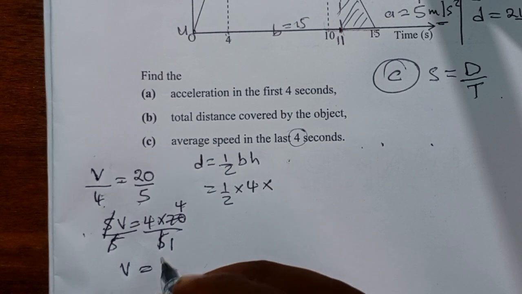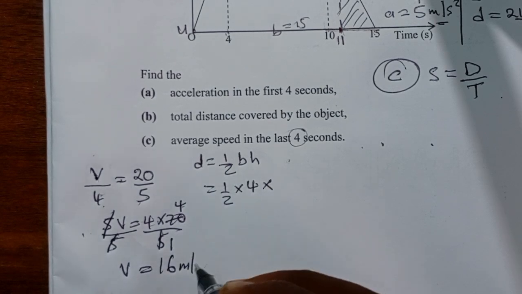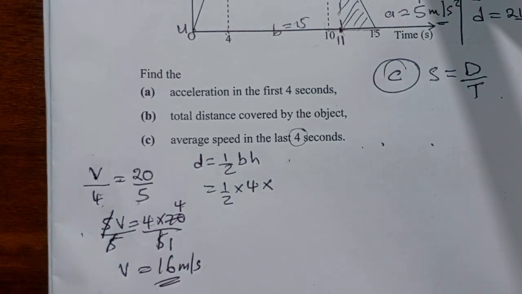So 4 times 4 is 16 meters per second. So that is the height. The height is 16. If you have any other method you can use, there is another method, but I feel this is much simpler than the other one.